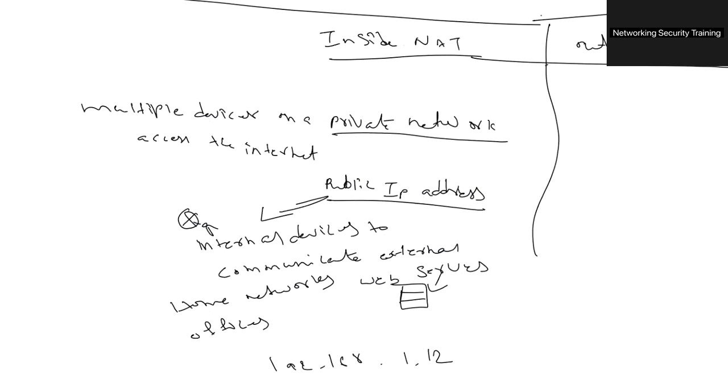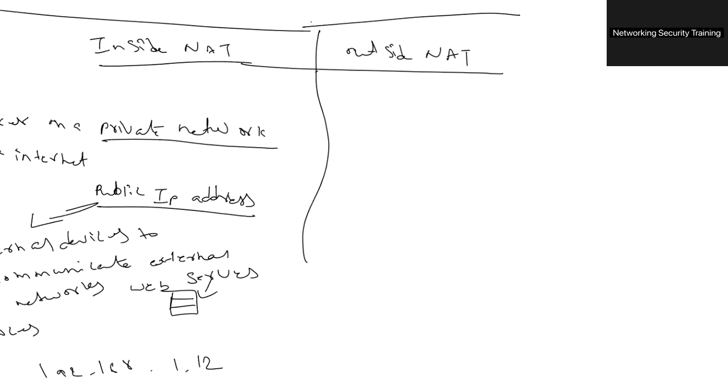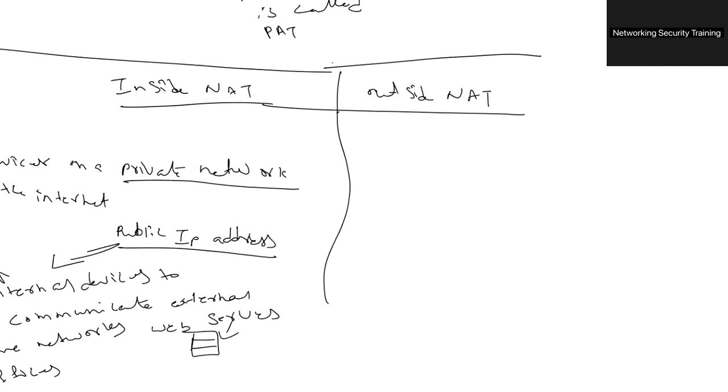So this is a web server, and outside network address translation refers to the process of translating a public IP address to a private IP address.